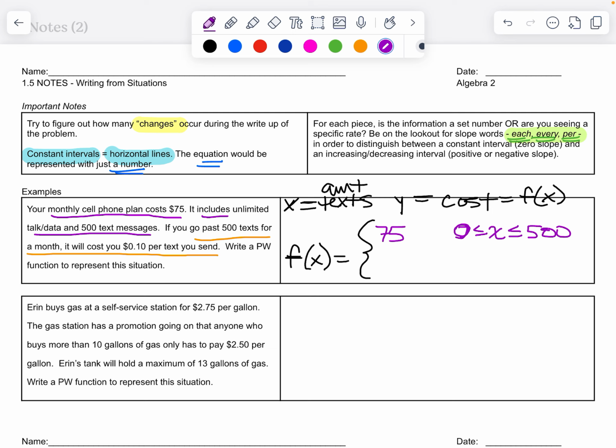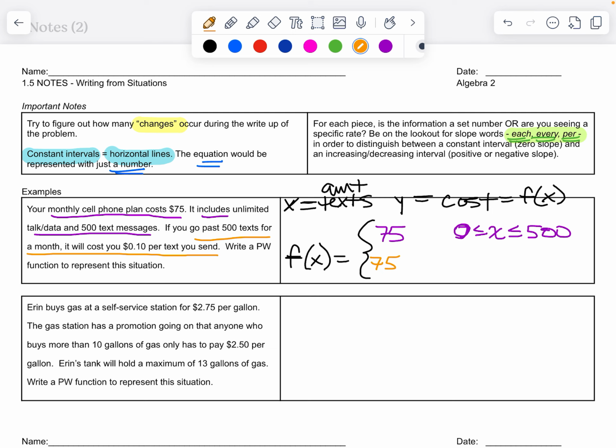The next part's the tricky part. We know that this plan is going to cost me $75, so I do want to start off with that same 75 right there. I also know that I can send over 500 text messages in this orange scenario.